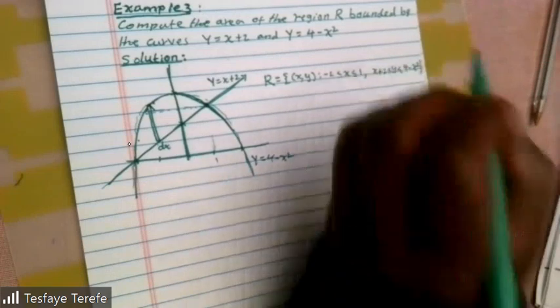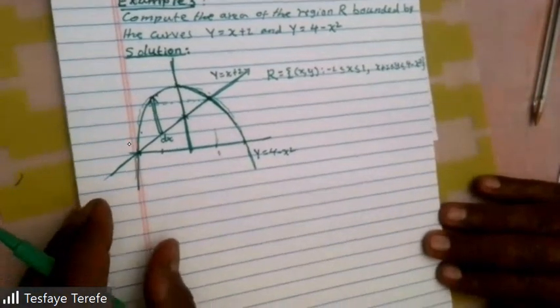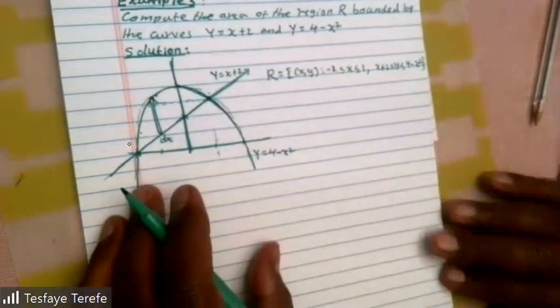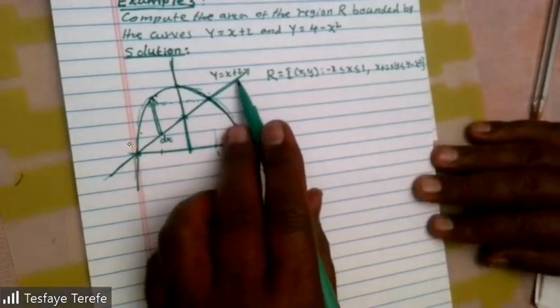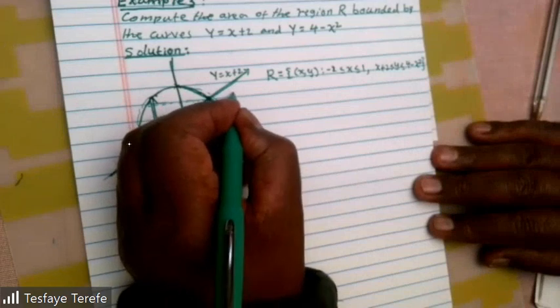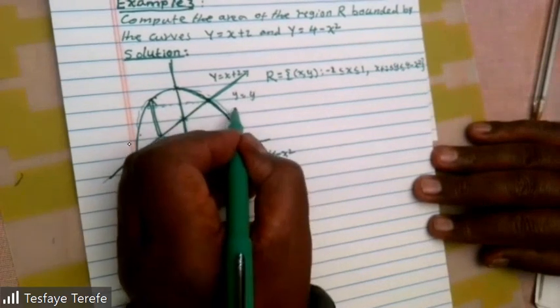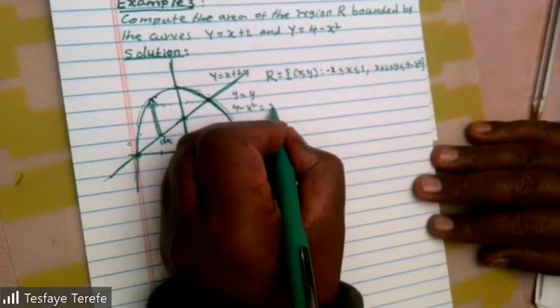And that's it. By the way, someone will argue how you come up with this if it is not given. Well, what I have to do is equate these two curves. y equals y. That means the first y, 4 minus x squared, has to be equal to the second y, which is x plus 2.